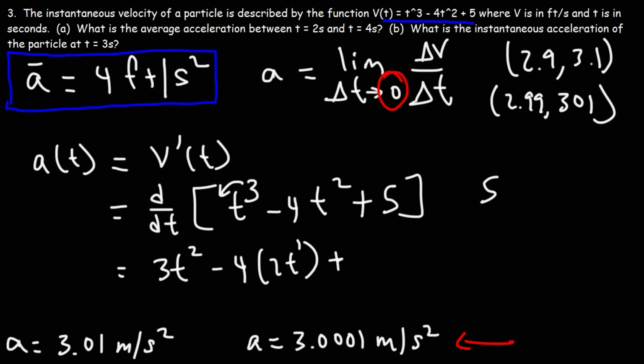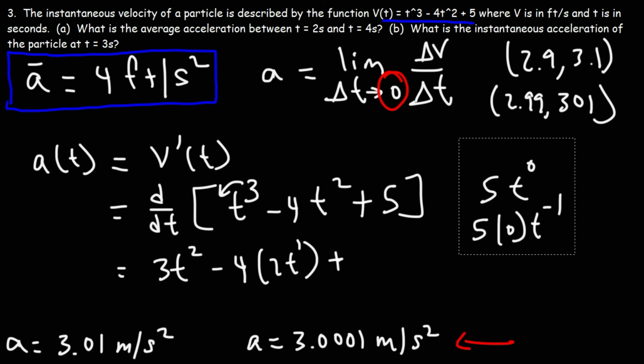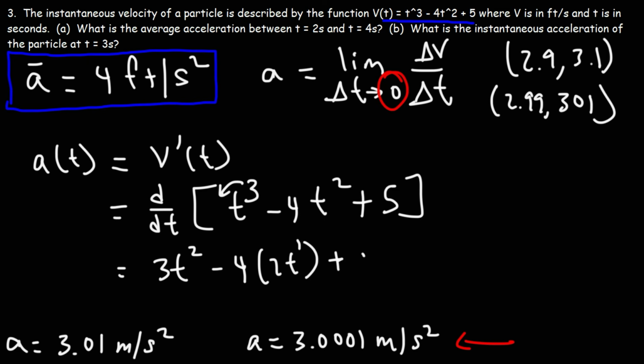So think of this as 5 times t to the 0. If you were to use the power rule, you would still get 0. 0 times anything is 0. So now we get the acceleration function, which is 3t squared minus 8t.